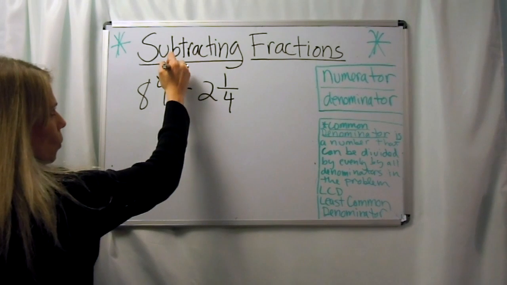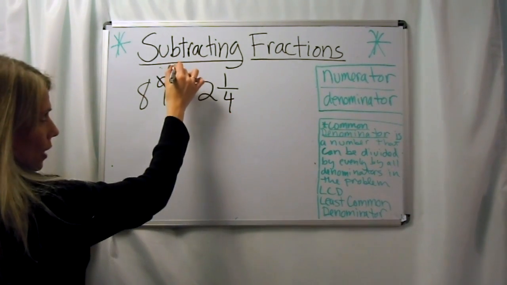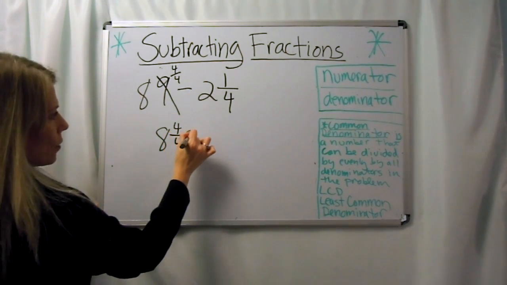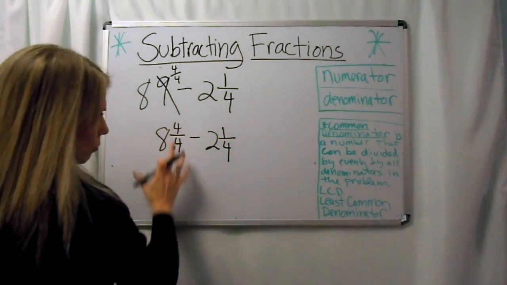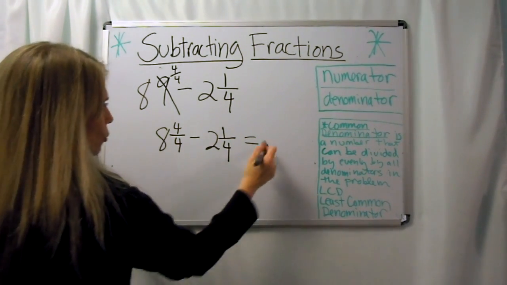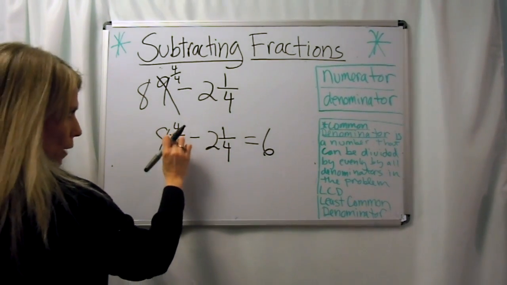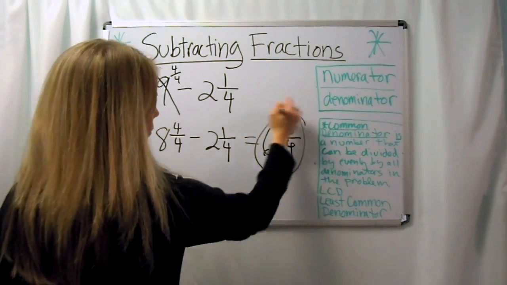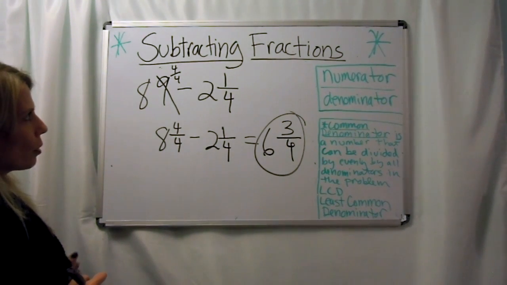Because we're dealing with fourths here, we change the borrowed 1 to 4/4. So this becomes 8 and 4/4 minus 2 and 1/4. Now we can deal with this. When we look at our whole numbers, 8 minus 2 is 6, and these denominators are the same, so we can just say 4 minus 1, which is 3. So we get 6 and 3/4. So this is another tricky one that you might come across.